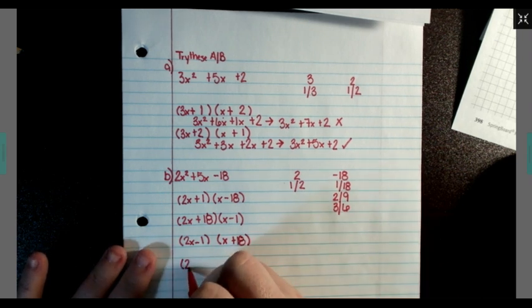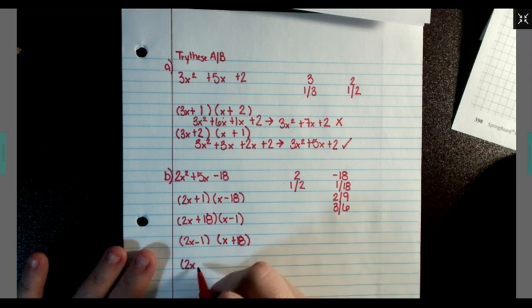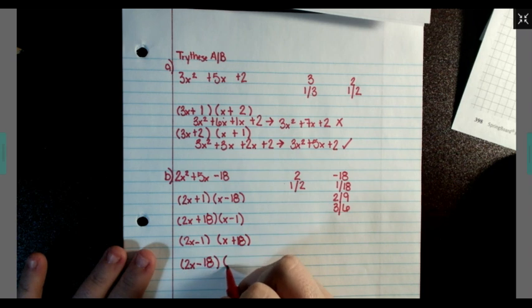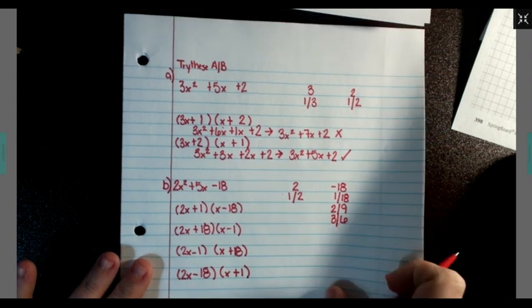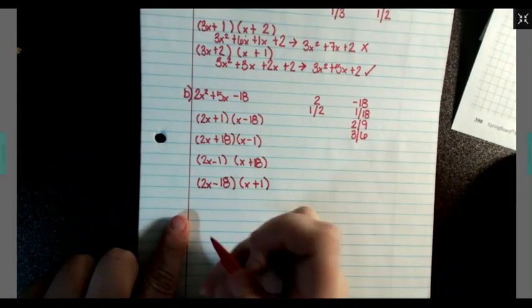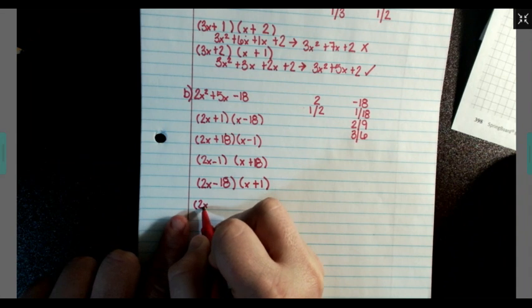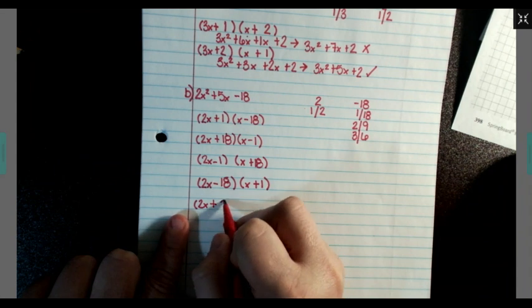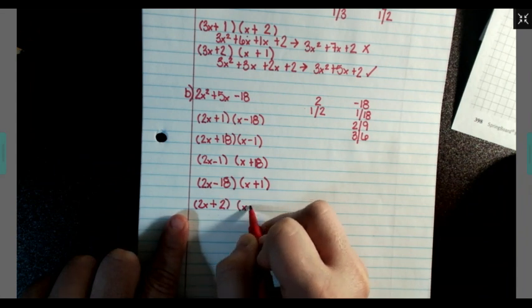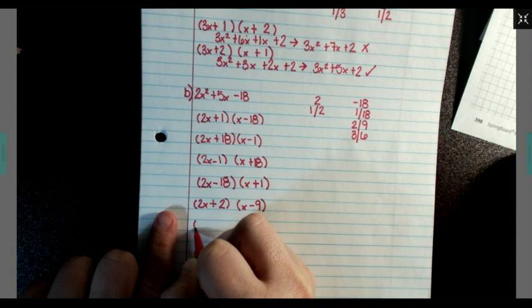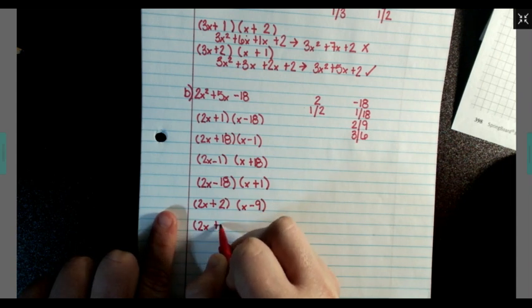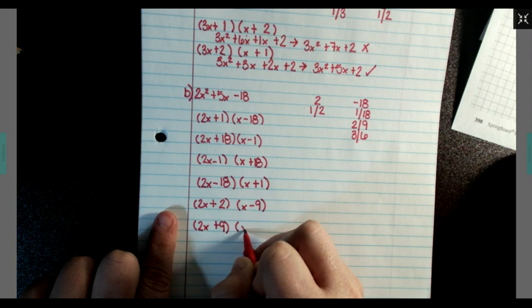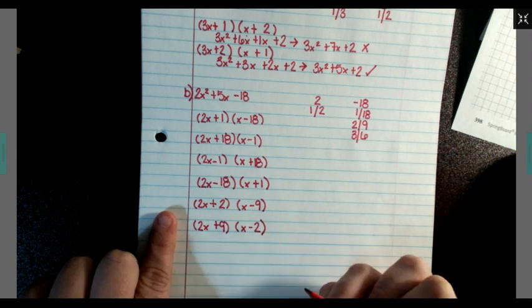We could have 2x minus 18, x plus 1. We could have 2x plus 2, x minus 9. We could have 2x plus 9, x minus 2.